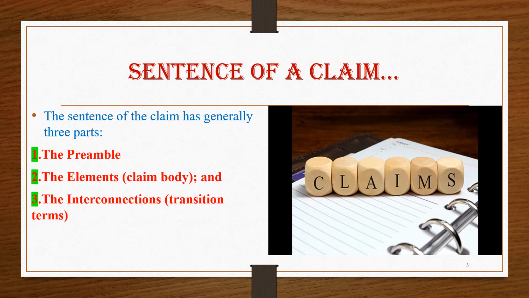And part three is the interconnections, which means transition terms. Okay. And now we will go into the detail of these things. Okay. Just take a look. Just a visual, nothing else.